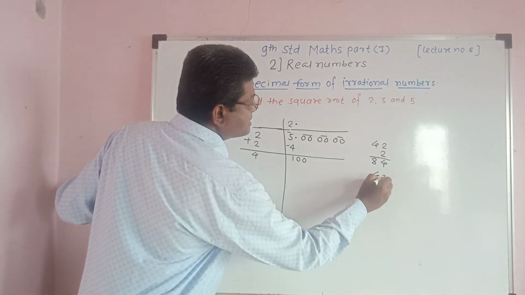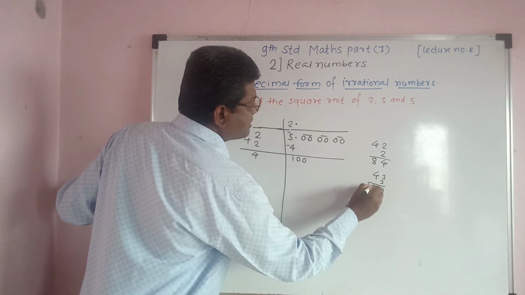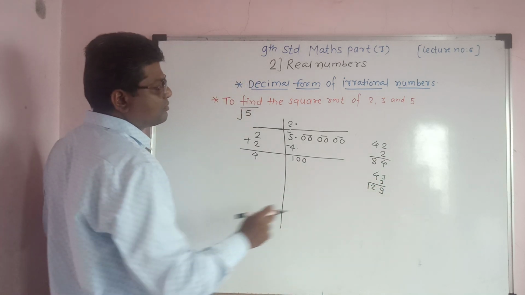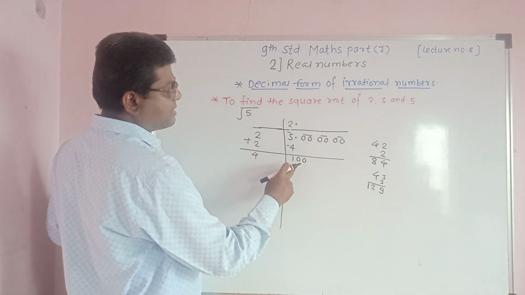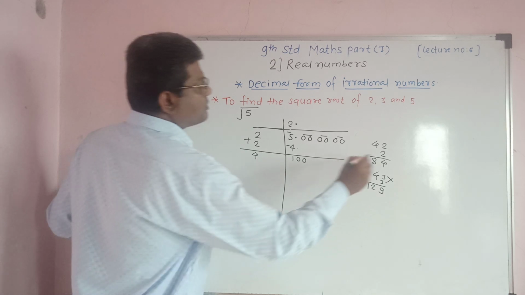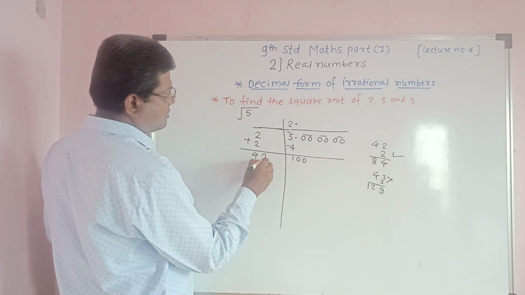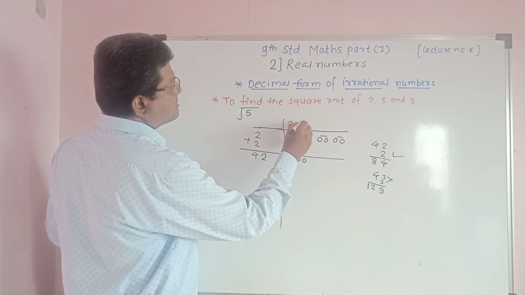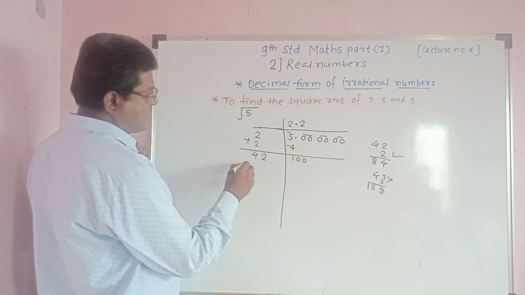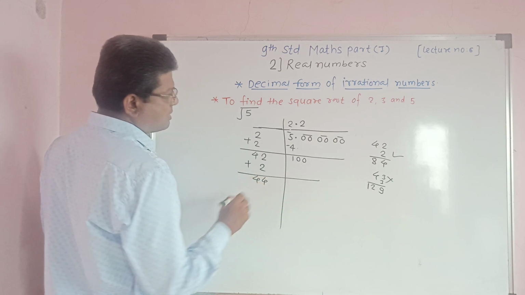If we select 3 on 4, that will be 3 3s are 9, 3 4s are 12, so that number 129 will be greater than 100. So we don't take 3, we take a 2 here. And write 2 on 4, write answer 2, add 2 to this number, so it will be 44.